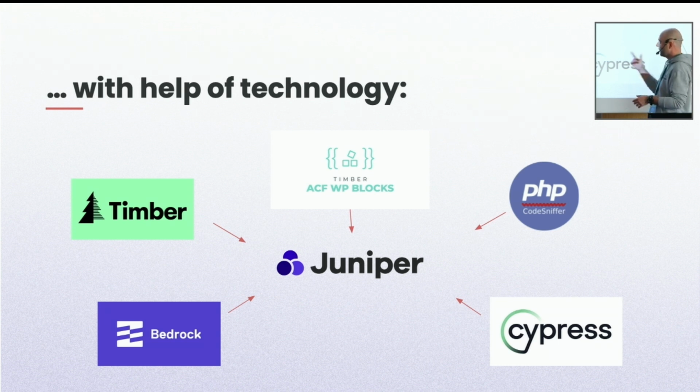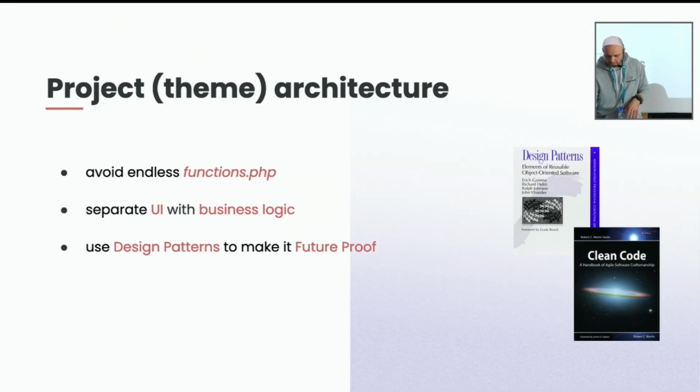So we are using Timber, Bedrock, ACF blocks, and also some Cypress if there is a need for unit tests on the front-end side, and also PHP Code Sniffer just to make cooperation a little bit easier.